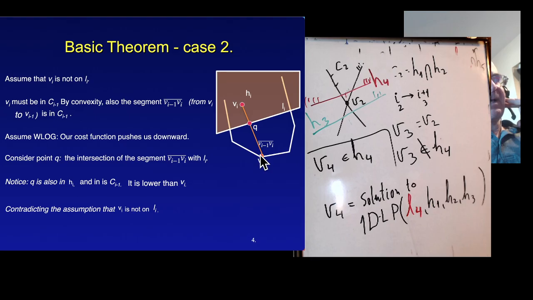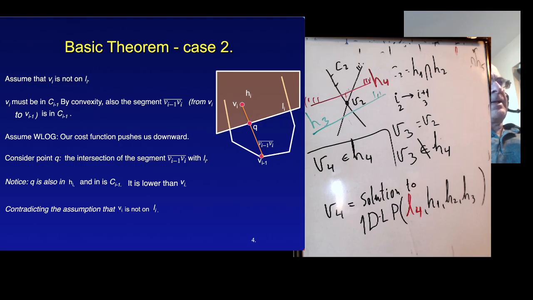That was my best solution, a vertex of the polygon, at which my cost function optimized, lowest point, and it satisfies H1, it satisfies H2, it satisfies all the constraints up to Hi minus 1. That is, Hi minus 1 was the last constraint that was satisfied by Vi minus 1. And here comes bad Hi, and Vi minus 1 is not in Hi.